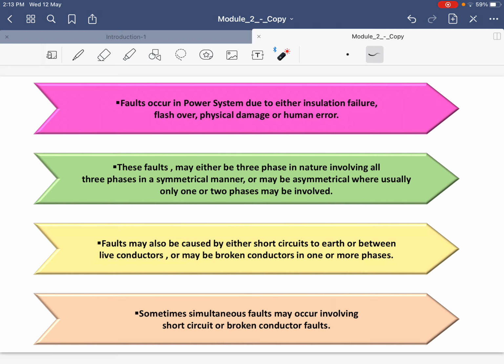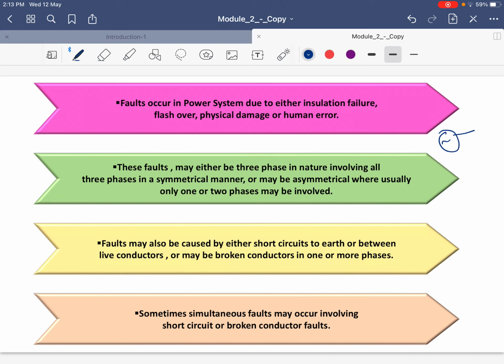These faults may be three phase in nature, involving all the three phases. Then it is called a symmetrical fault.